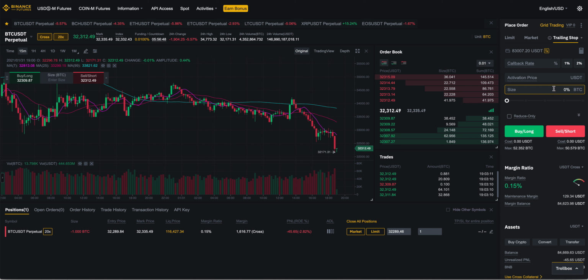The size here, callback rate, I really never use it, since I want to take trailing stops at a specific price. So let's see how it works. Let's see it live.